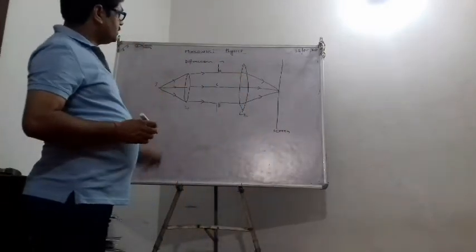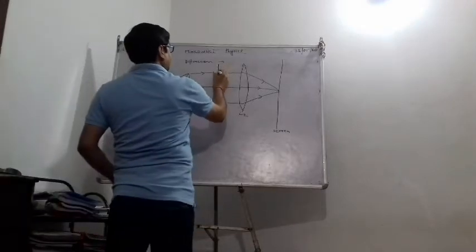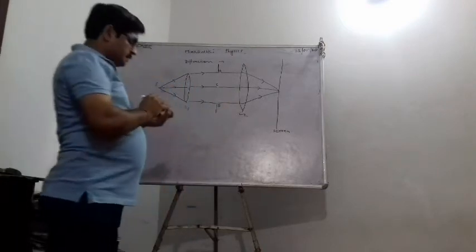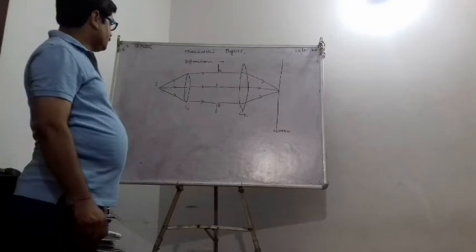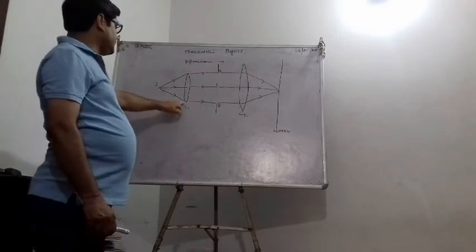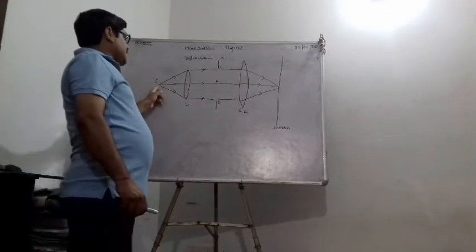then this is not a phenomena of diffraction. This diagram simply explains there are two lenses, and S1 is the light source.